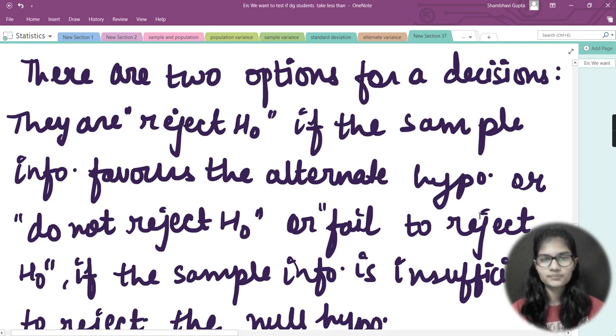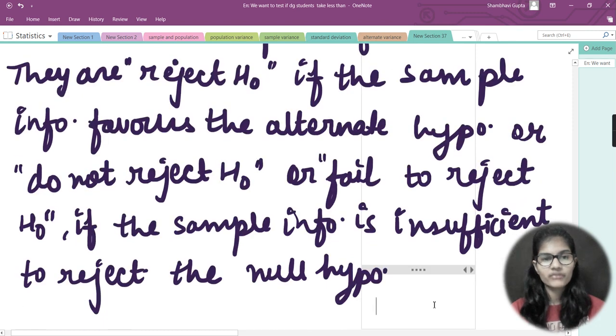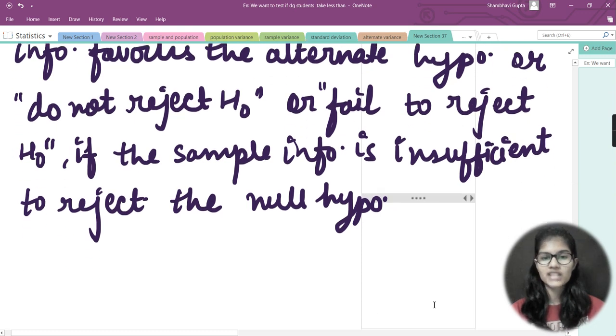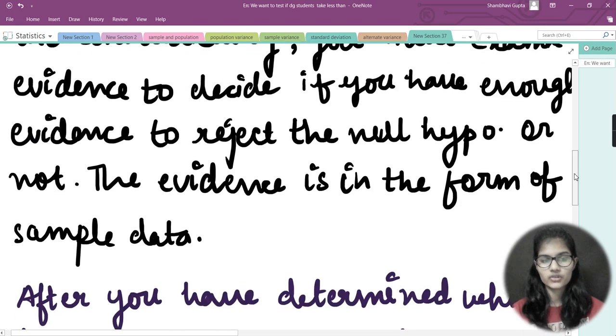They are reject H naught if the sample information favors the alternate hypothesis, or do not reject H naught or fail to reject H naught if the sample information is insufficient to reject the null hypothesis, right? These are the two statements which we can give here for the decision.